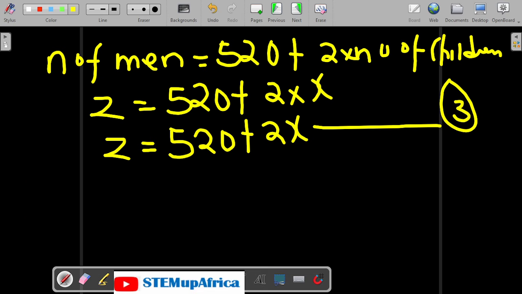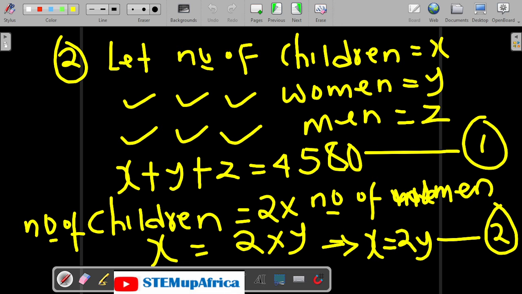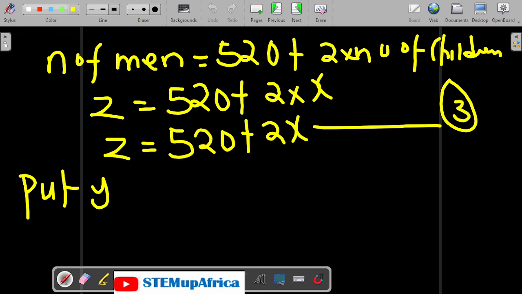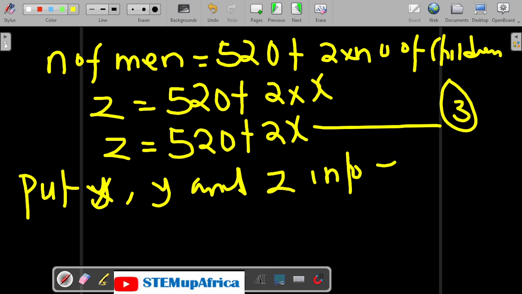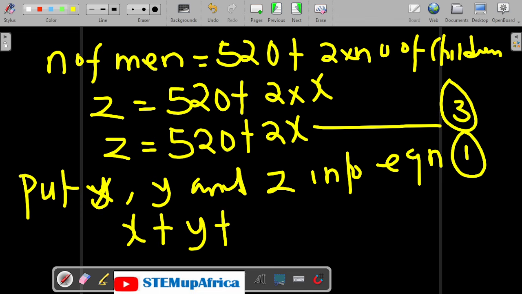So let's put x, y, and z into equation 1. Equation 1 says x plus y plus z equals 4,580.